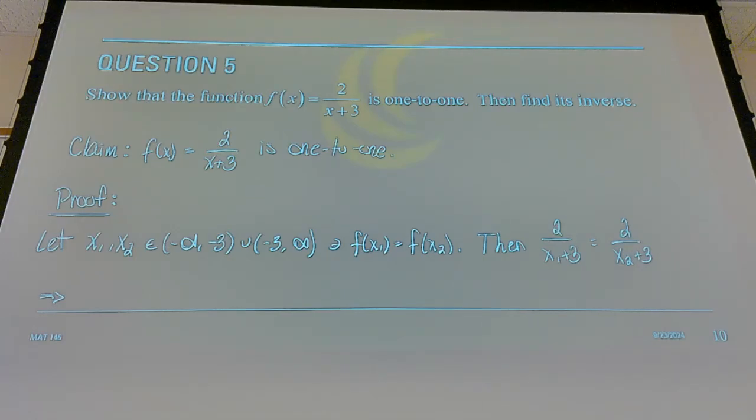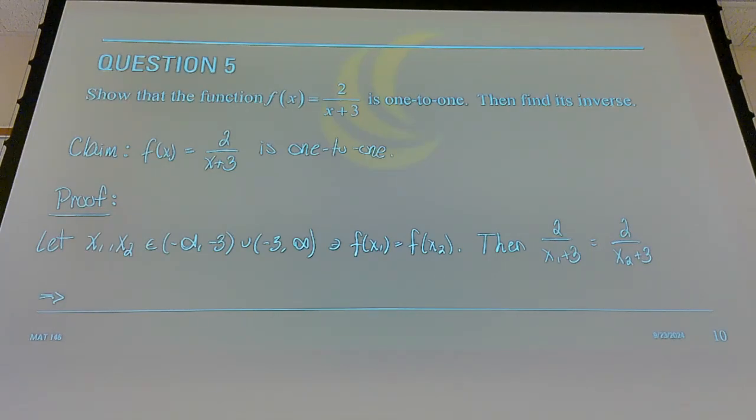The method would be cross multiplication, right? We don't have to do that here, because there's another way. The numerators are the same, aren't they? Two fractions are equal if and only if they have the same numerator and denominator when put in reduced form.